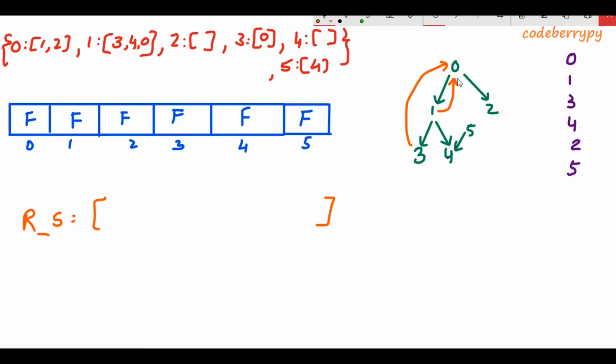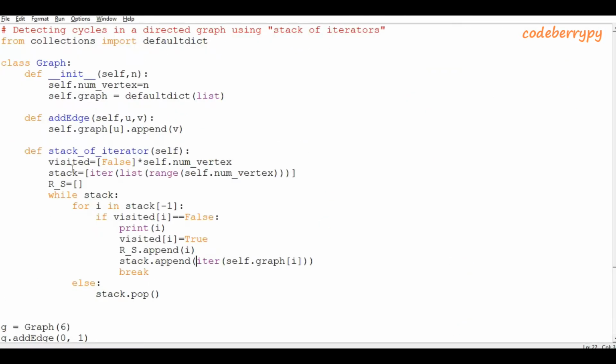All right, so we had this recursion stack which was initially declared as empty. Now 0 was traversed, so 0 got appended into this recursion stack. And also we had a big stack of iterators in which a list was present containing elements 0, 1, 2, 3, 4, and 5, because that's what we initialized the stack with. We initialized the stack of iterators with an iterable object which contained elements ranging from 0 up till the number of vertices.